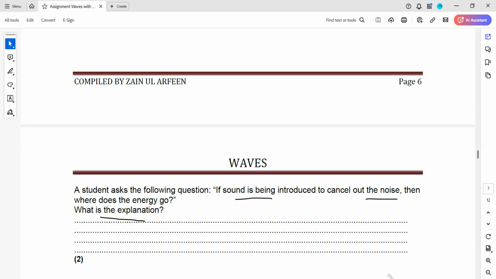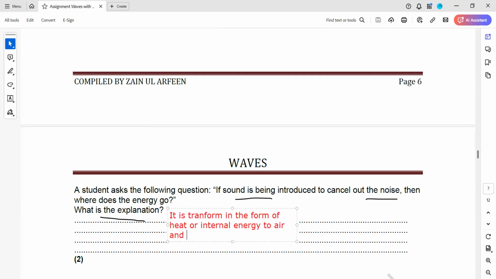So mainly when it is cancelling out, some of the noise energy is dissipated in the air in the form of heat, or in the foam, you can also say. Or it also increases the kinetic energy, or some places will have constructive interference, so more intensity will be there. You can mention that. Or the best answer: it is transformed in the form of heat or internal energy to the air and the foam.